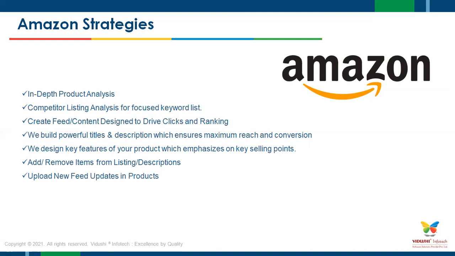Competitor listing analysis for a focused keyword list: what your competitors are selling, what kind of keywords they are submitting to Amazon, and which keywords have the most search volume. So we have to analyze competitors' keywords too.